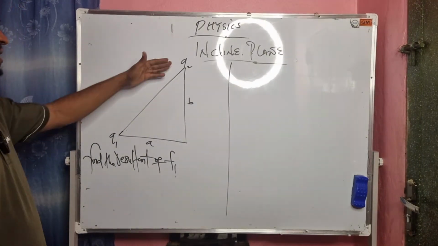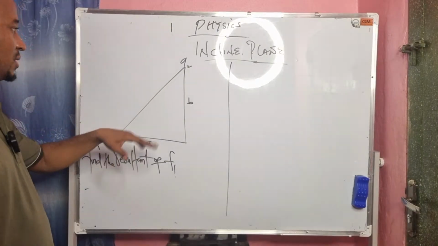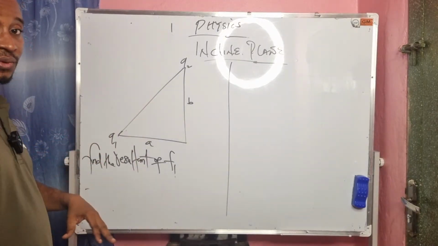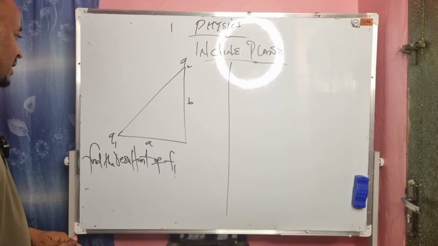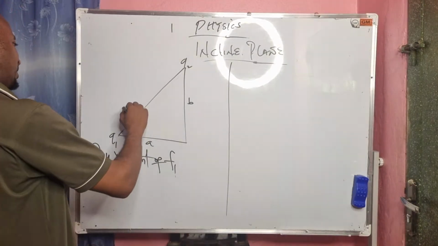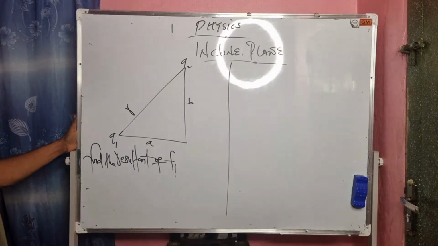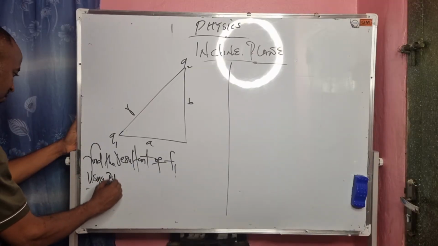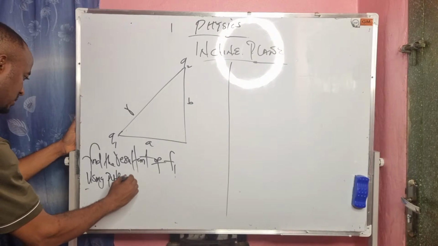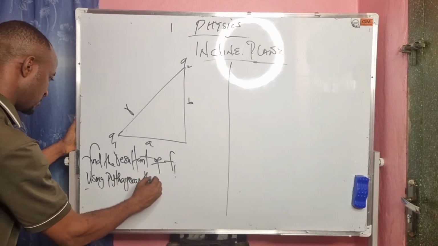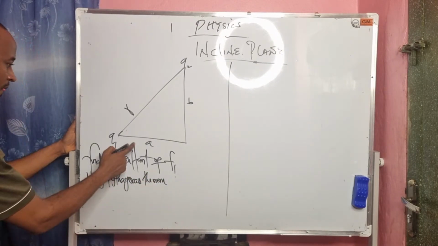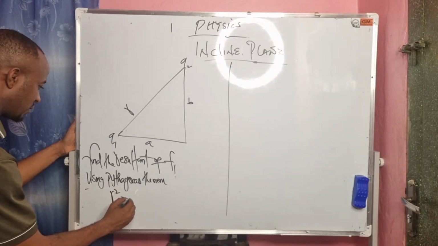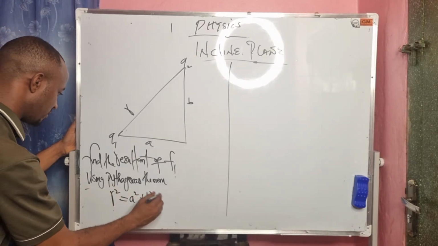Since this is a right angle triangle, we use Pythagoras theorem to find the distance. So let's call it R. Using Pythagoras theorem, R squared equals A squared plus B squared.